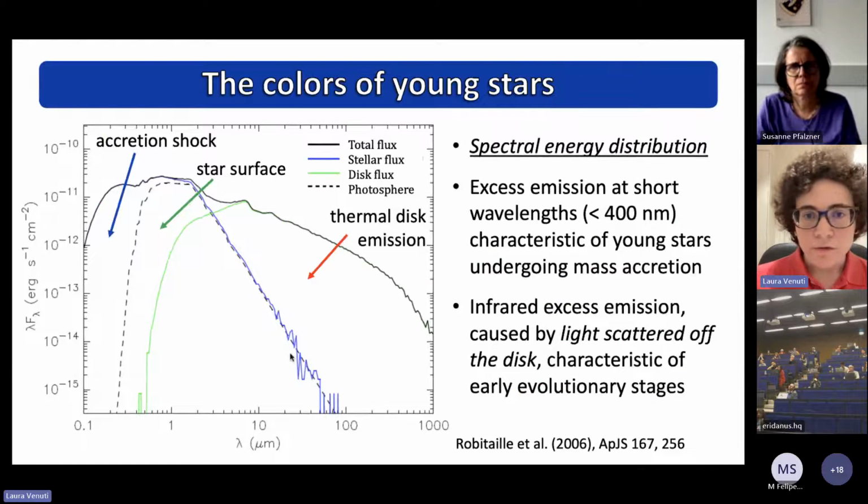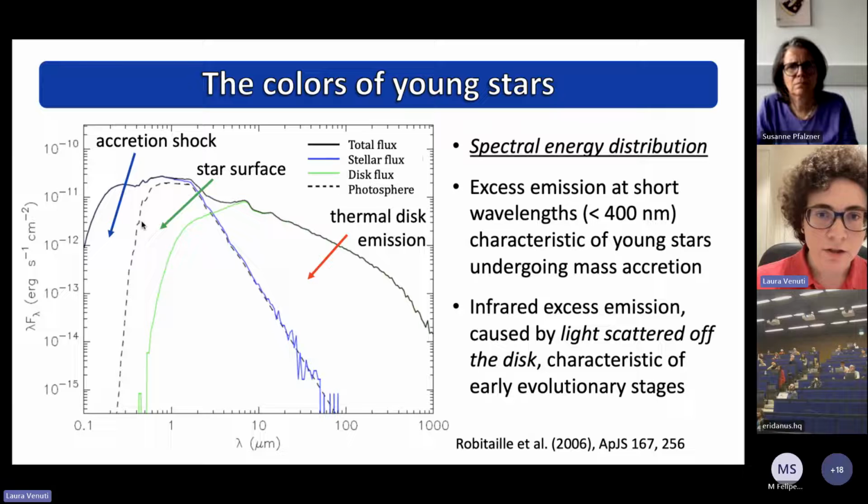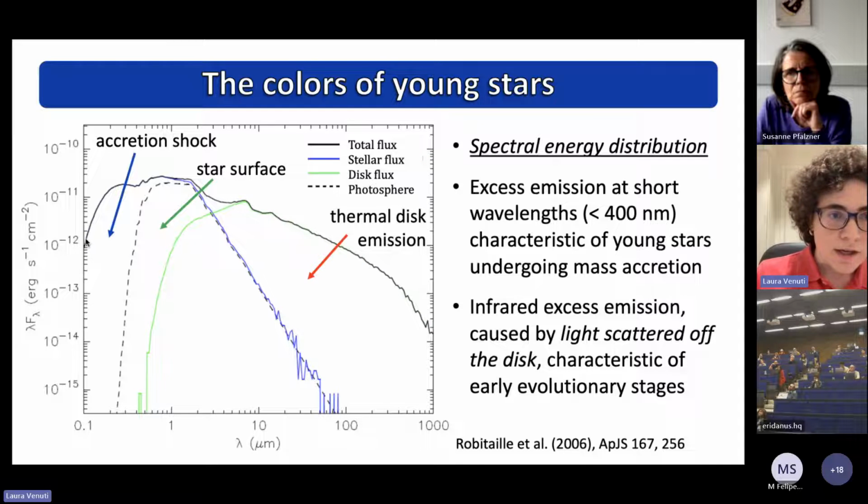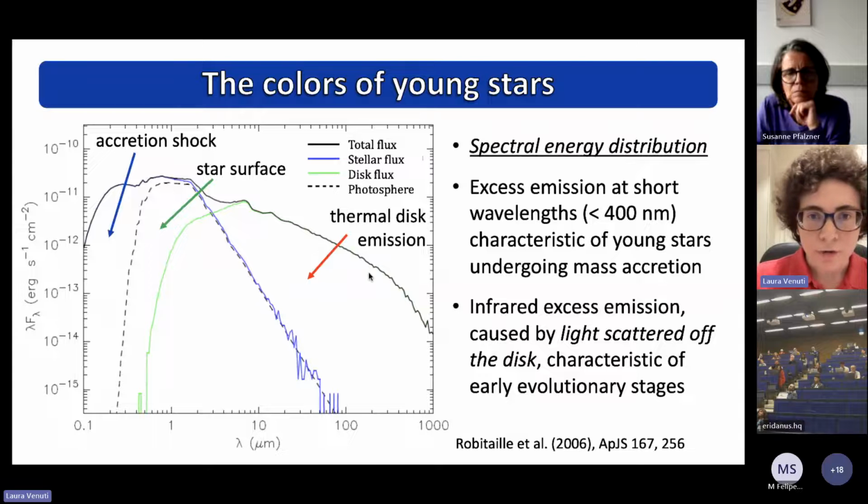So this is a more detailed view of what I just described in words. This is the synthetic spectral energy distribution, or SED, of a young star that is undergoing mass accretion from a thick disk that surrounds a central object. Here, the overall SED that we expect to observe from the star-disk system is shown as a black solid line. And you can see that there are multiple components underneath that add up to form this overall SED profile.